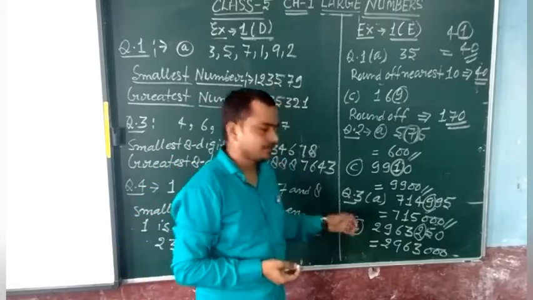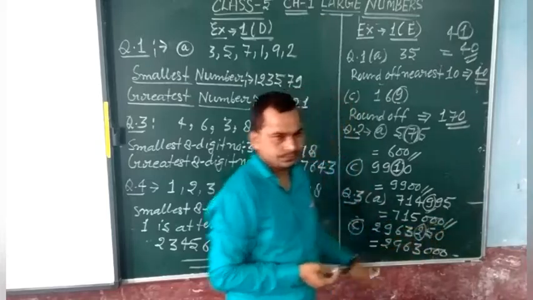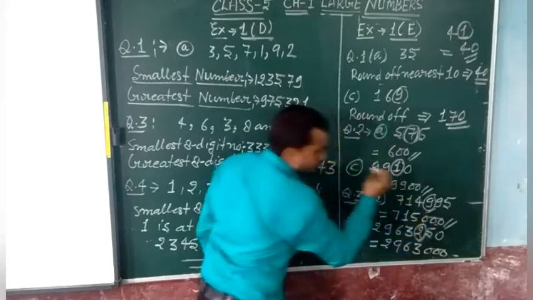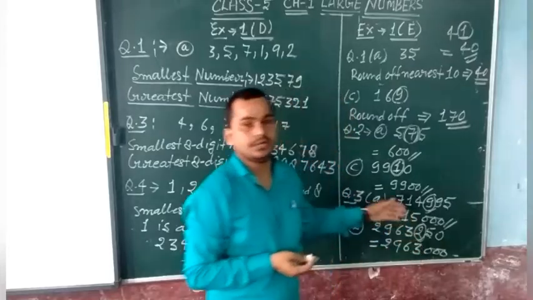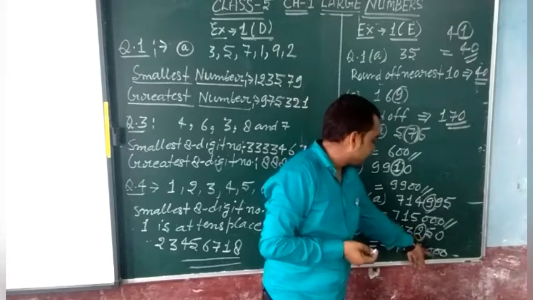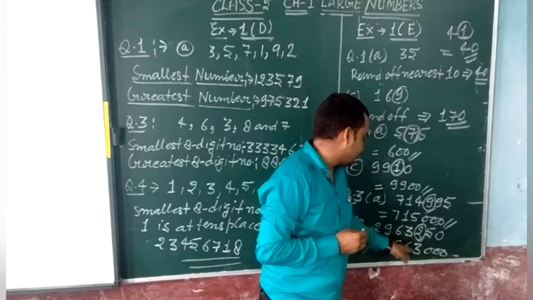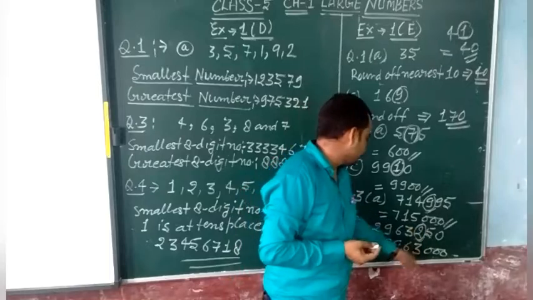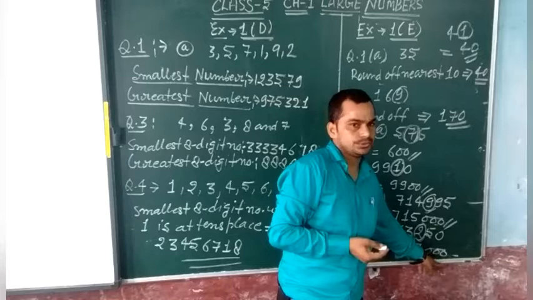Next part, the number given is 2963250. So here we have the hundreds place digit 2, which is less than 5. So it is replaced by 0, replaced by 0, and the digit stays the same because it is less than 5. So the number is 2963000.